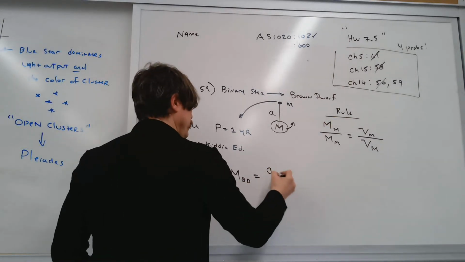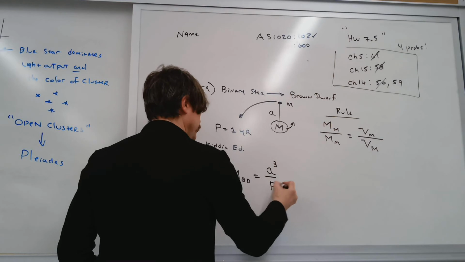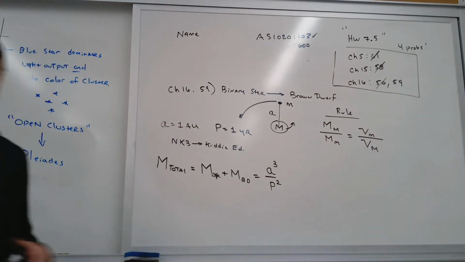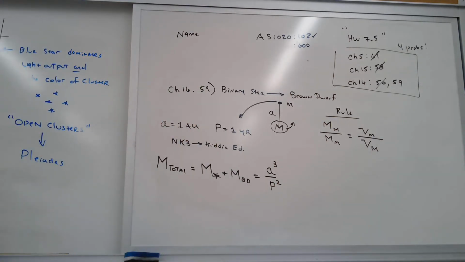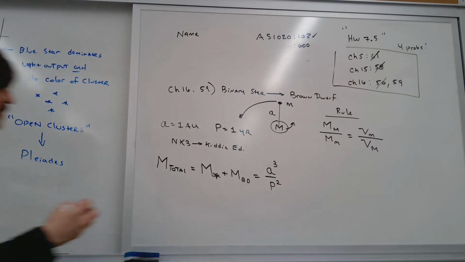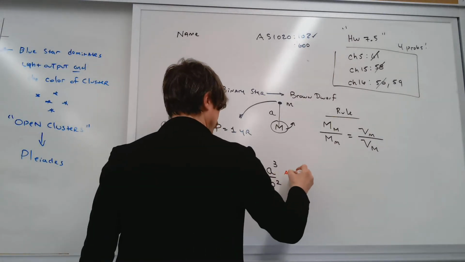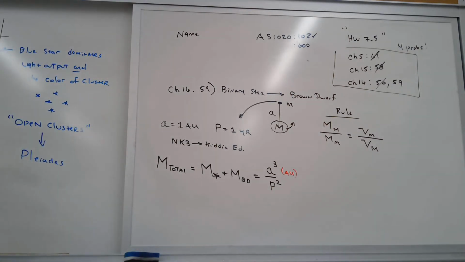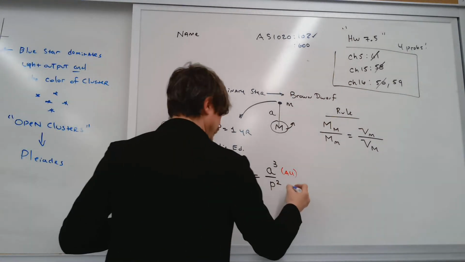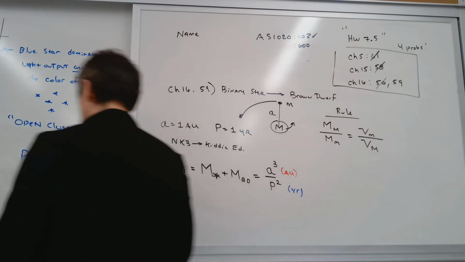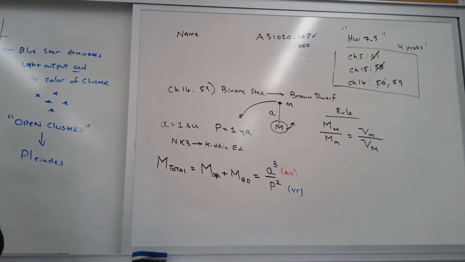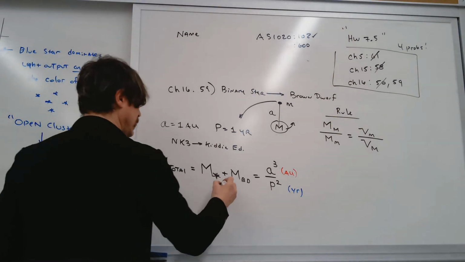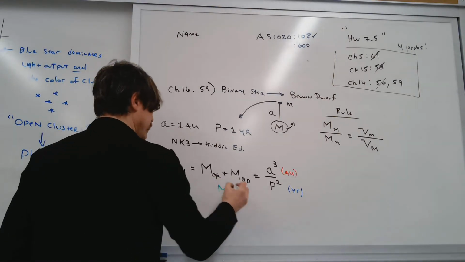If you use Keplerian units, it's simply a cubed over p squared, where a must be measured in AU, p must be measured in years, and the masses of the two stars will come out in solar mass units.